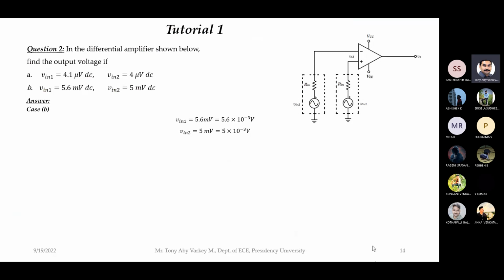So what will be the output voltage? Can you calculate and tell? How much?